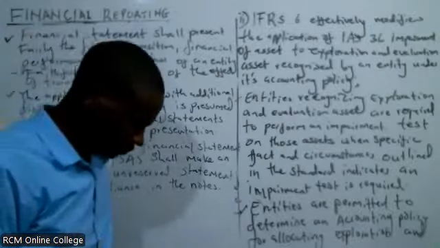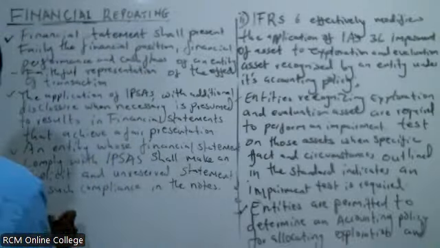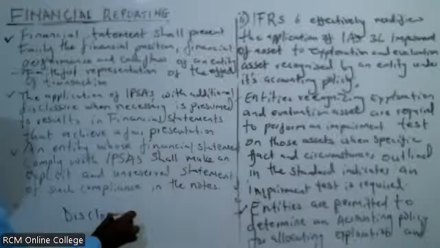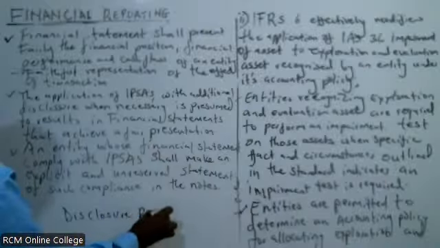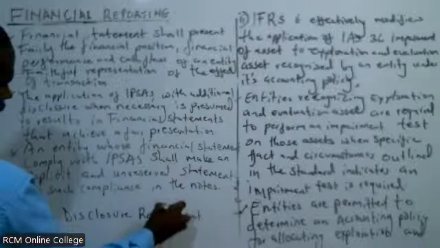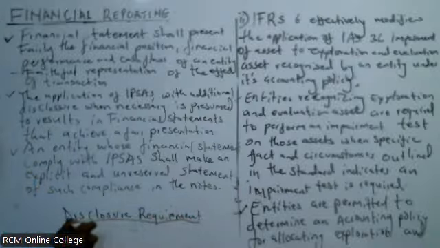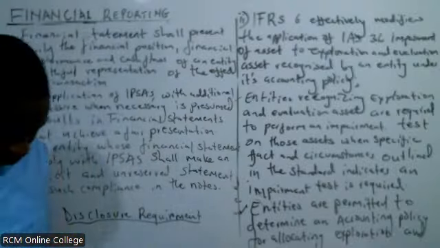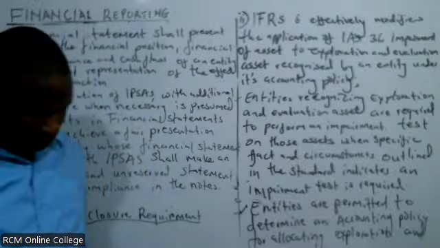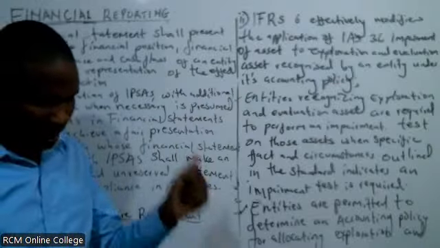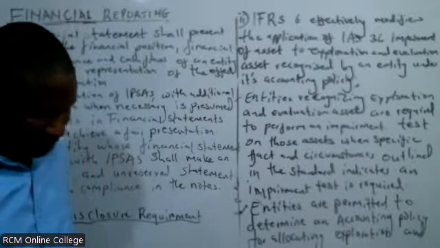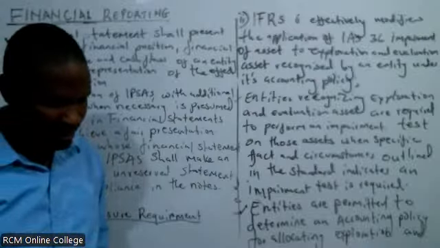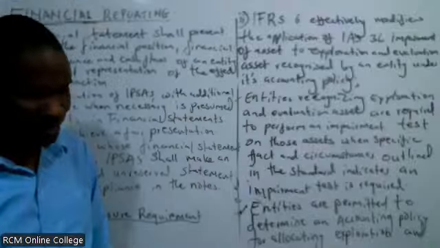Disclosure requirement. This is Roman number 2. What are the requirements for this disclosure? One, the management has concluded that the financial statements present fairly the entity's financial position, financial performance, and also cash flow.